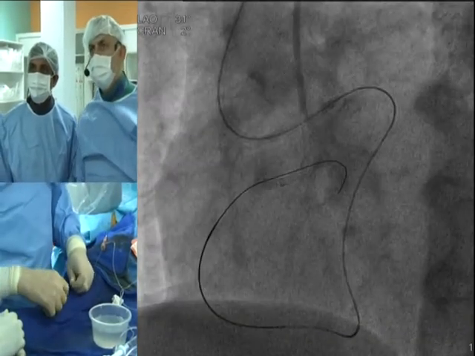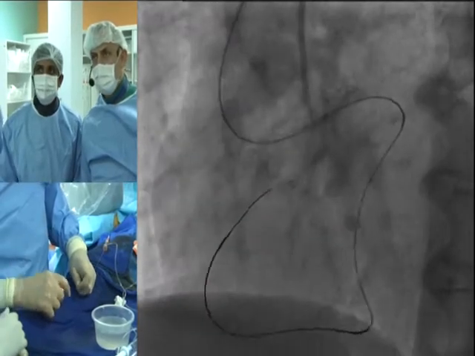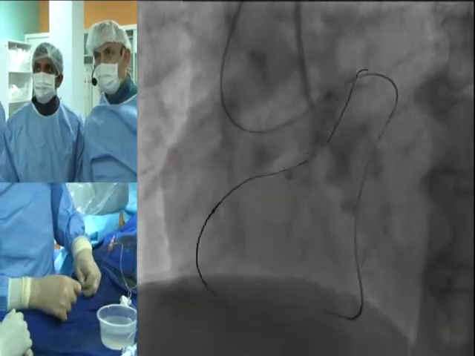Shall we snare this or try to do reverse CART? What do you think? Yeah, we can snare this, I think.